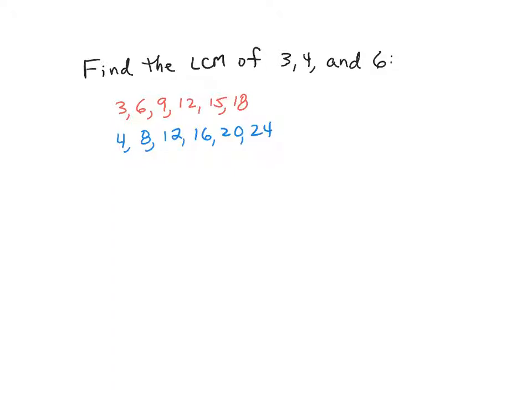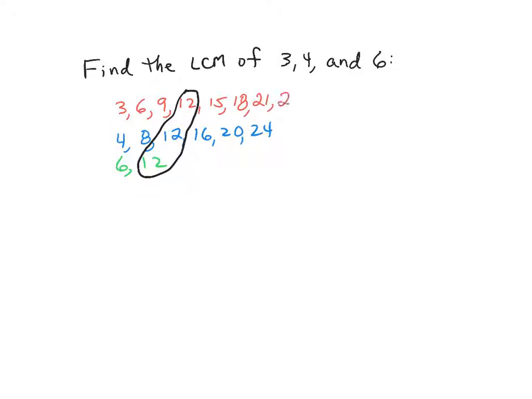And let me do the 6s. 6, 12. Oh, as soon as I get to that 12, I see that there is a 12 in all three of those lists. So the least common multiple of these three numbers is 12. Once again, if I had wanted to, I could have continued with these lists.